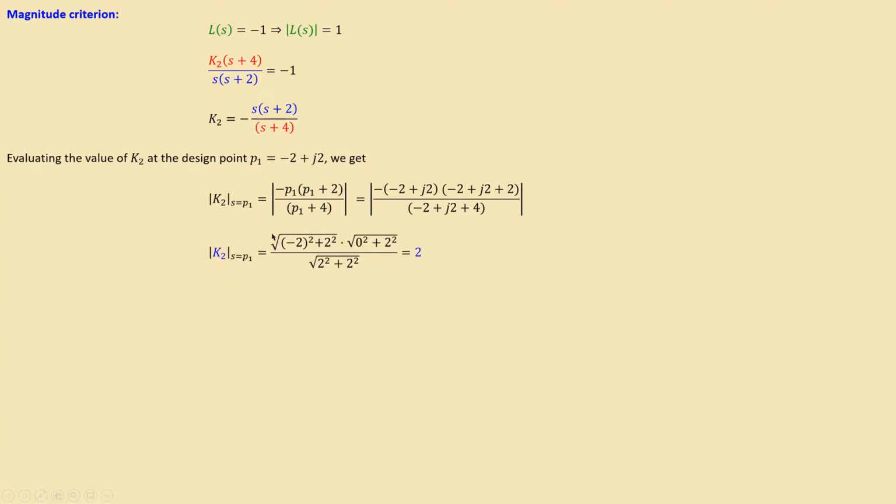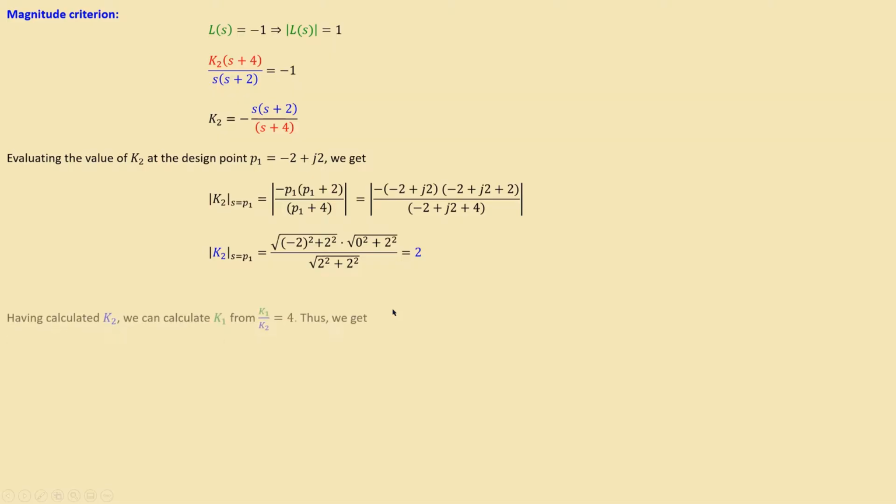You will have the square root of -2 squared plus 2 squared, which is just this part, and then the two real parts of -2 will add up to 0, which is specifically shown here, and this is just the imaginary part, 2. In a similar form, for the denominator, I will also calculate the length. If you do the math here for yourself, you will get exactly 2. That means the K2 is now determined, which is exactly 2.